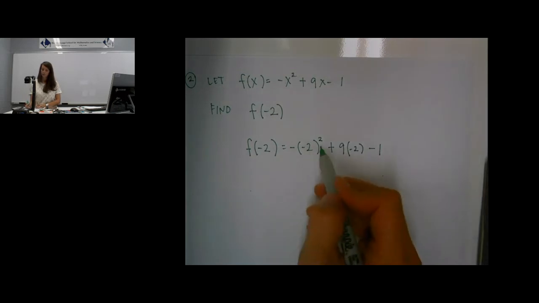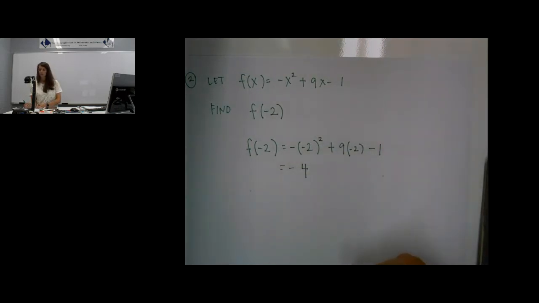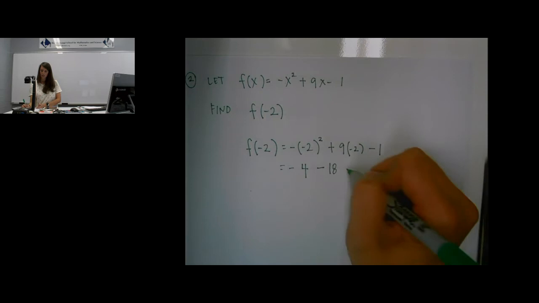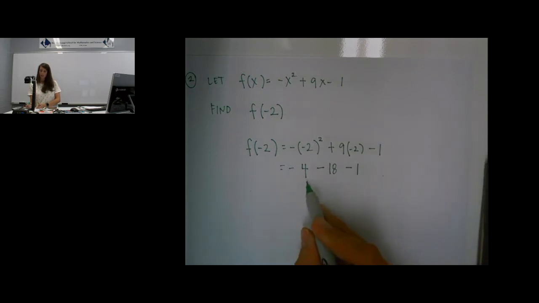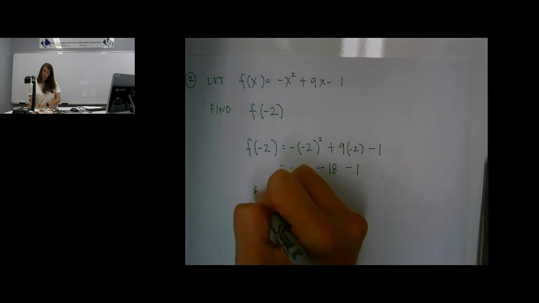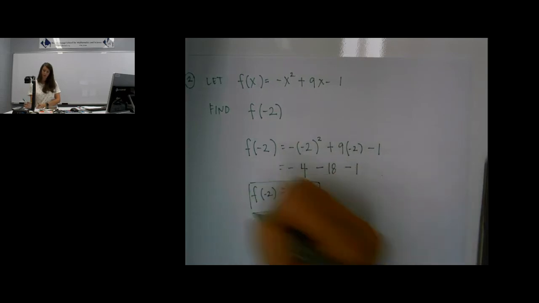So -2 squared is going to be a positive 4, but there's a negative on the outside, so it's going to stay negative. 9 times -2 is -18. So here I'm going to have -23. So f of -2 is going to be equal to -23.